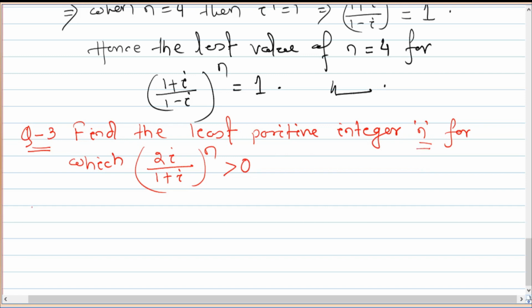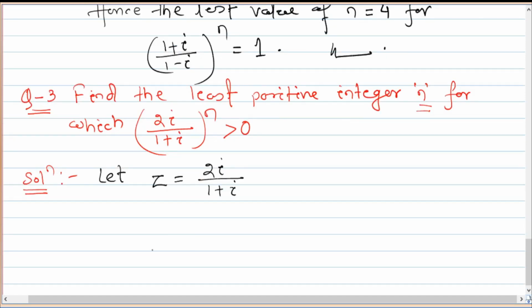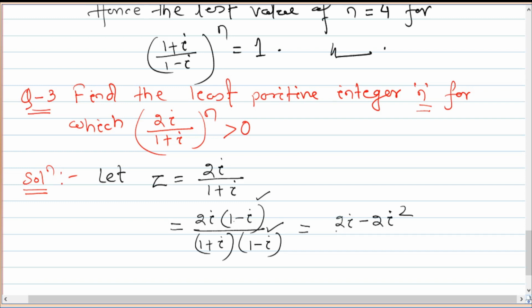Okay, now we will take the solution. Let z is equal to 2i by (1 plus i). So first we have to express this one into a plus ib form. Already we have found this one can be written as 2i into (1 minus i) divided by (1 plus i) into (1 minus i). Why? Since 1 minus i is the conjugate of 1 plus i, so 1 minus i should be multiplied at the numerator as well as the denominator. So 2i multiplied here at the numerator, 2i minus 2i square, divided by 1 minus i square.